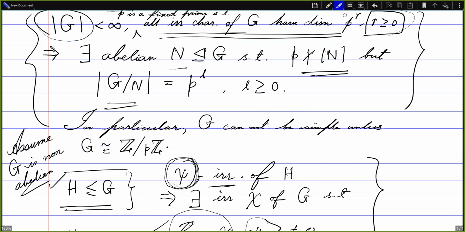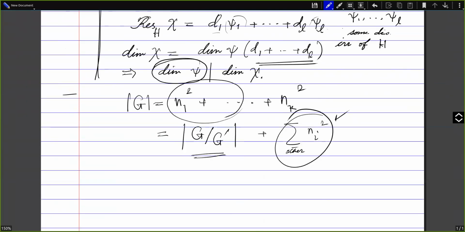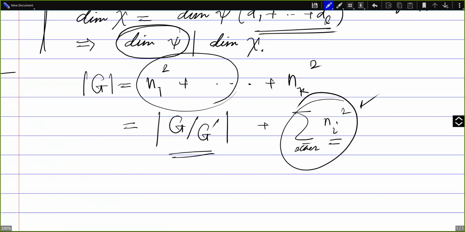Once we assume that G is non-abelian, that means at least there is some ni here, and that ni, due to the dimension theorem, divides the order of G, because the dimension of an irreducible representation divides the order of G. So ni, being some positive power of P, has to divide the order of G as well.